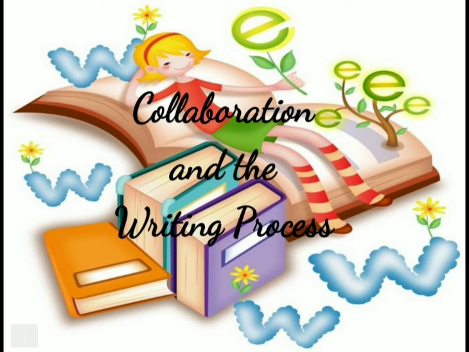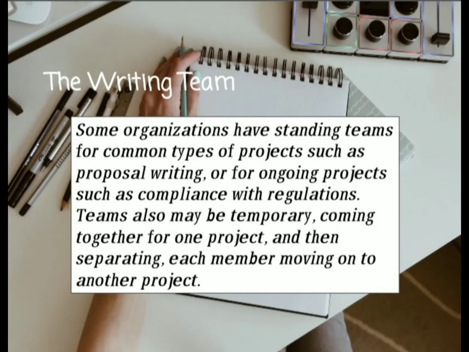Writing collaboratively uses the same steps in the writing process as those used by individual writers. First is the writing team. Some organizations have standing teams for common types of projects such as proposal writing. It should begin by identifying the skills that each member can contribute to the project and assign tasks based on those skills.